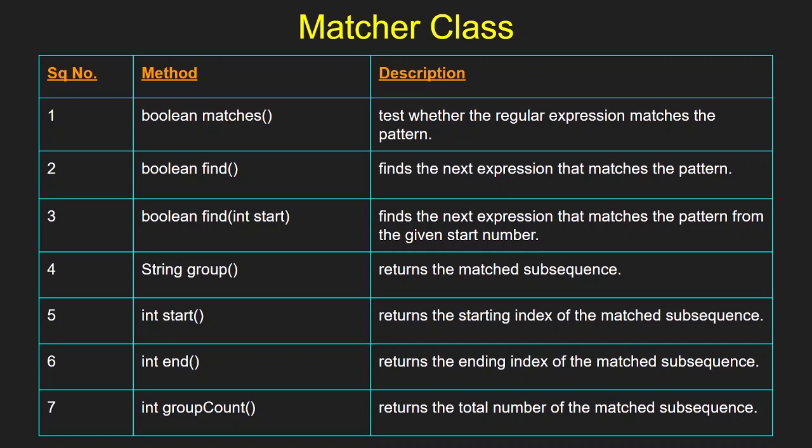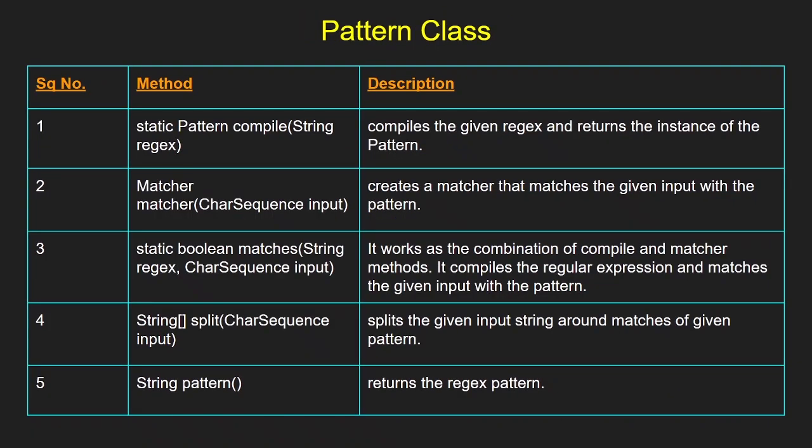Next one is groupCount, which returns the total number of matched subsequences. Now if in a regex there are 10 groups and we found 10 matches, then it will return 10 as a value.